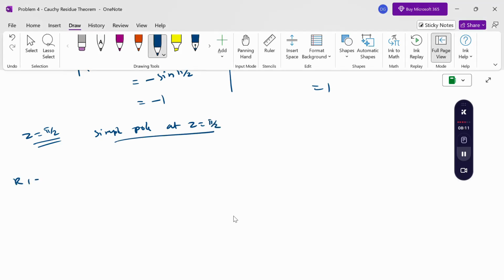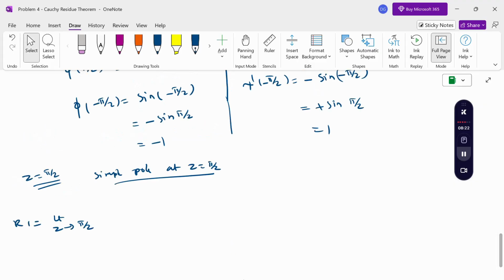So residue 1, when phi of Z by psi of Z, as Z tends to pi by 2, is given by the formula phi of pi by 2 divided by psi dash of pi by 2.